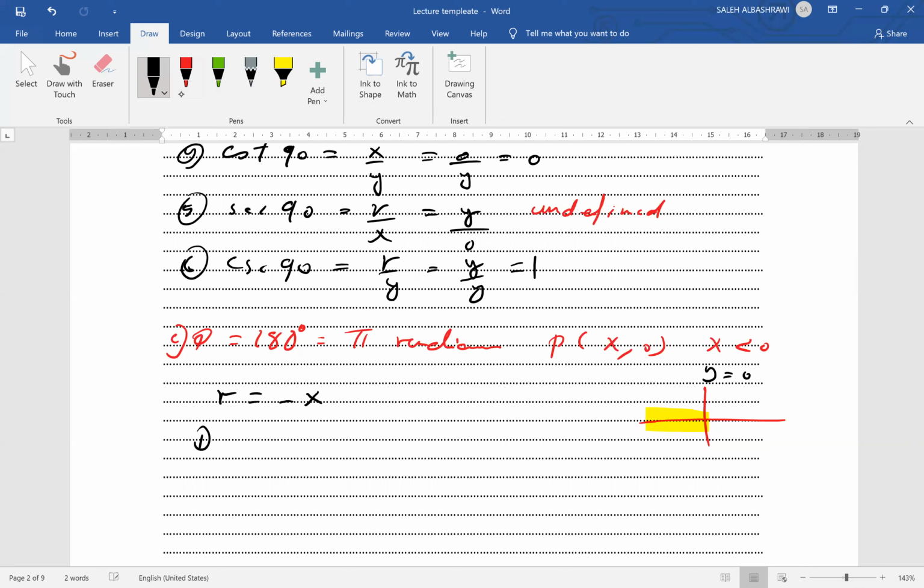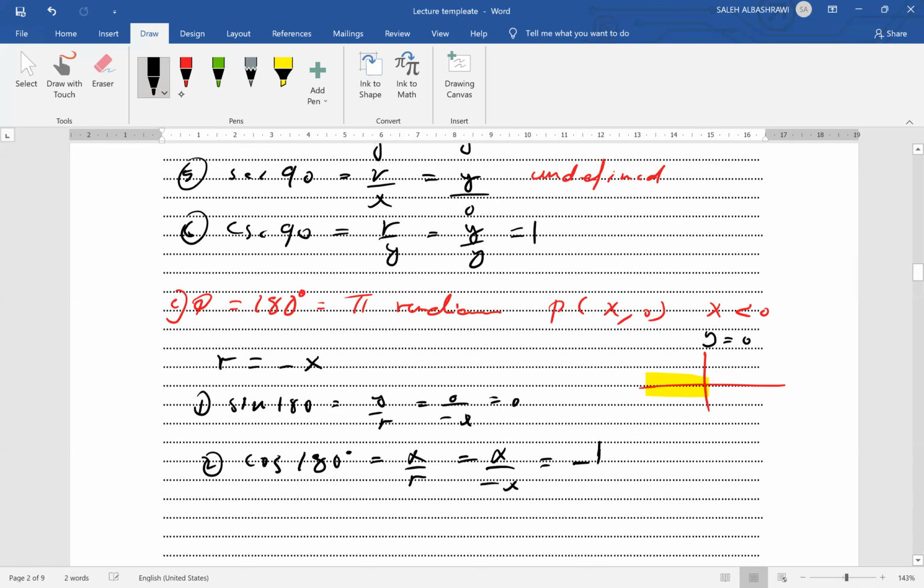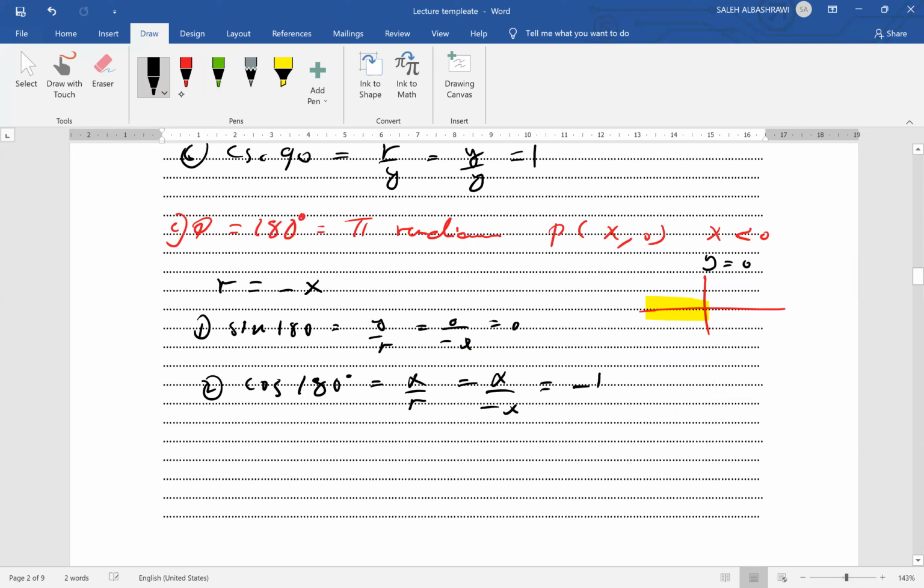So number one, sine theta or sine 180 equal to y over r, that will be 0 over minus x, equal to 0. Number two, cosine of 180 equal to x over r, that will be x over minus x, which is equal to minus 1. So cosine of 180 equal to minus 1.